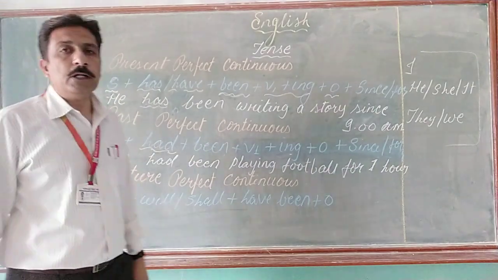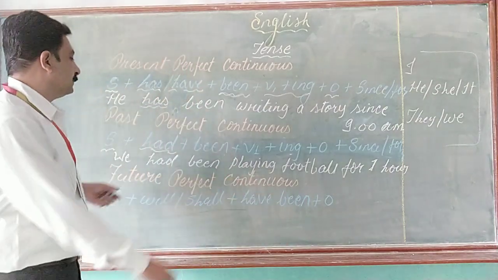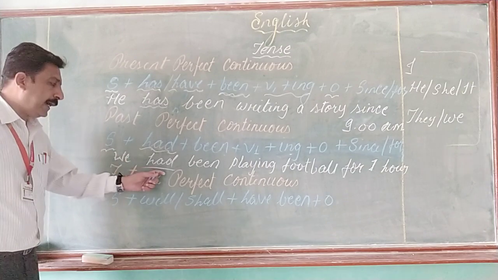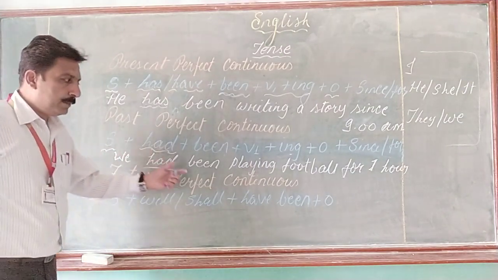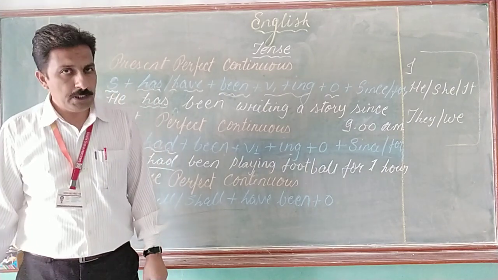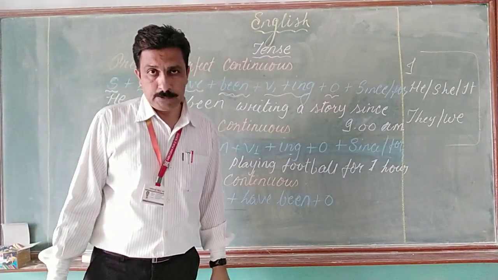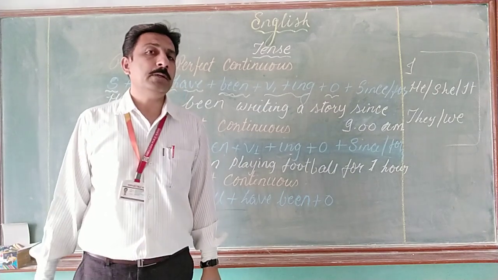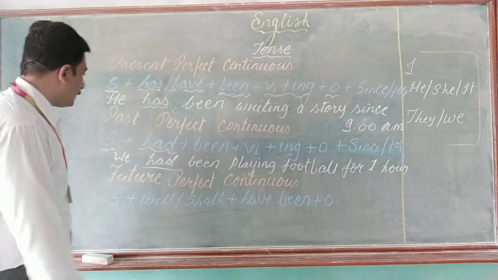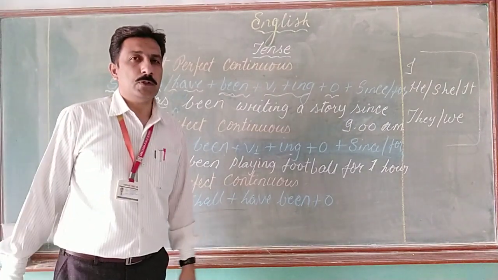If I want to convert this sentence into interrogative, then as usual, we put the helping verb in the beginning: Had we been playing football for 1 hour? If I have a point of time, then I can use since also here. This is about past perfect continuous.